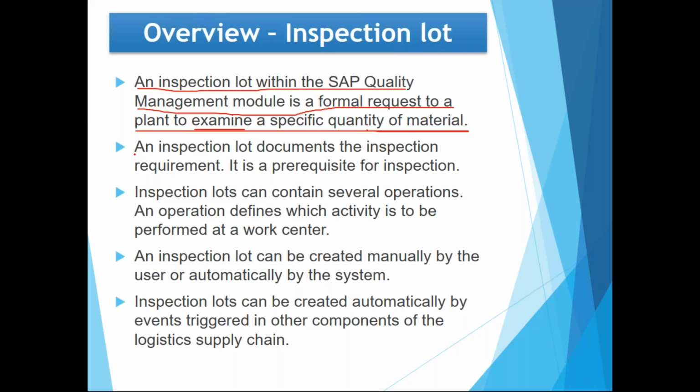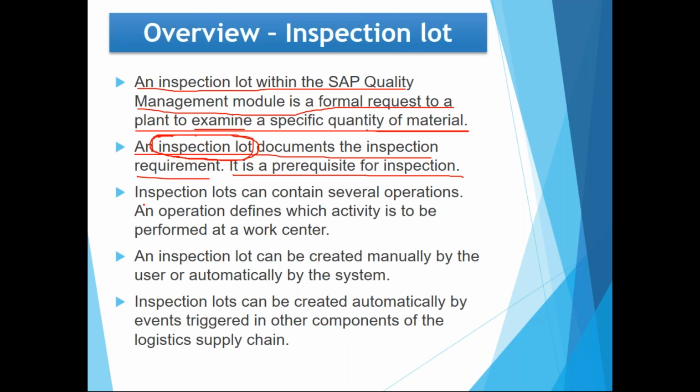An inspection lot documents the inspection requirement. Basically, a lot created means there is an inspection activity that needs to be done, and it is a prerequisite for inspection. So to do quality inspection in the SAP system, inspection lot is mandatory. Without inspection lot, you cannot do quality inspection. The entire SAP QM module will work with these inspection lots only.